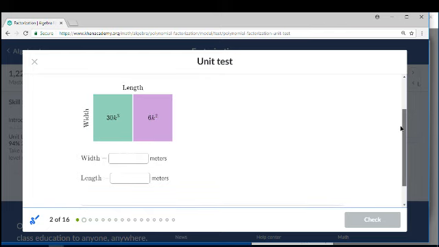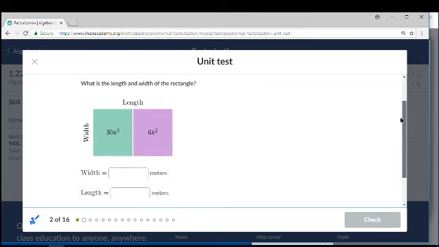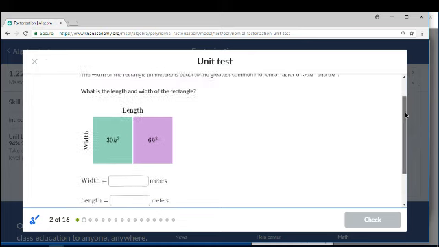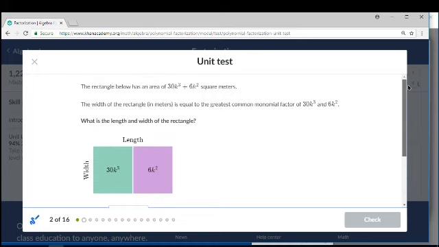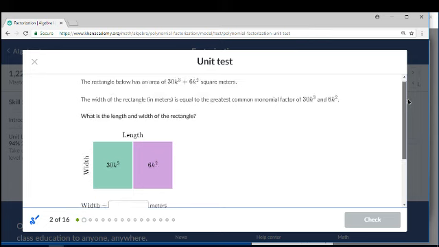Width, length. So we need to factor this.